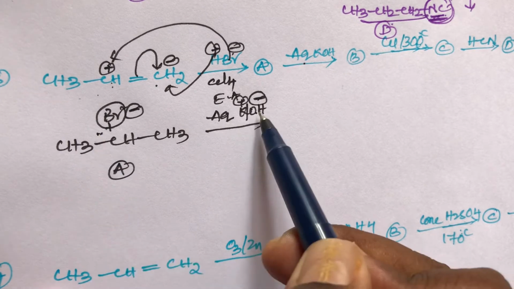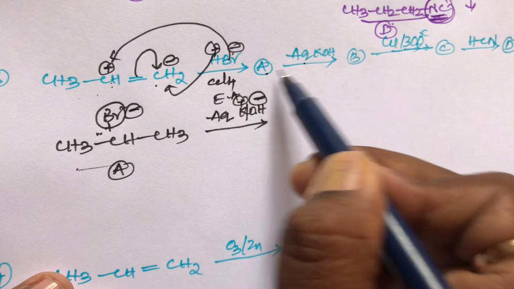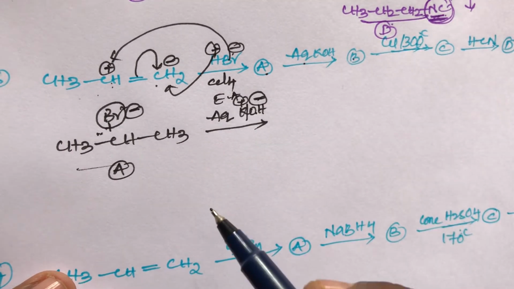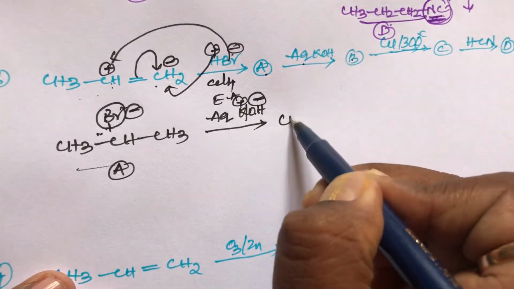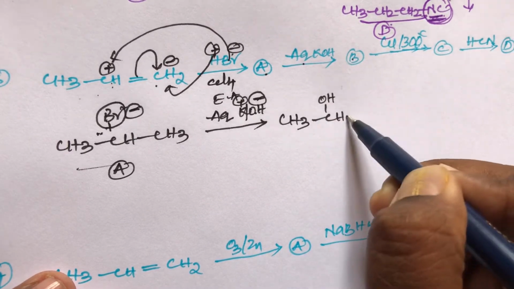Br minus is replaced by OH minus. The second step, the conversion of A to B, belongs to nucleophilic substitution reaction. We get the product CH3CHOHCH3.